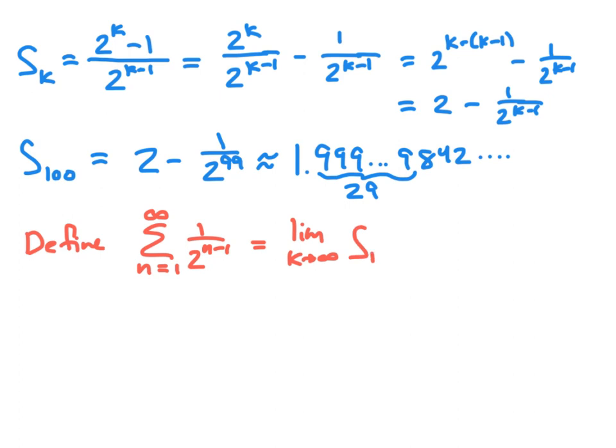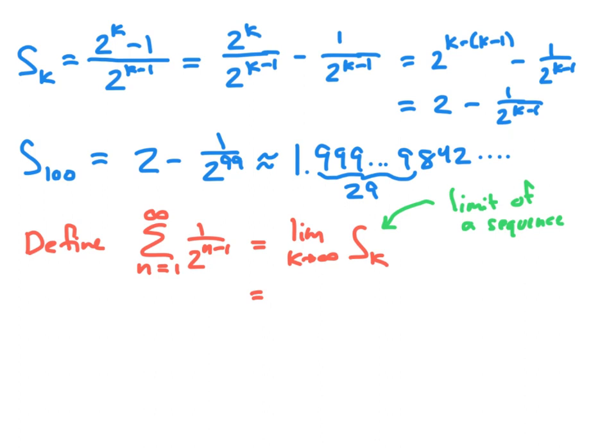So the limit as k goes to infinity of s sub k. Notice that on the right-hand side here, we're defining the limit of a sequence. This is a very important distinction to make. We're defining the sum of a series by looking at the limit of the partial sums, which is a sequence.